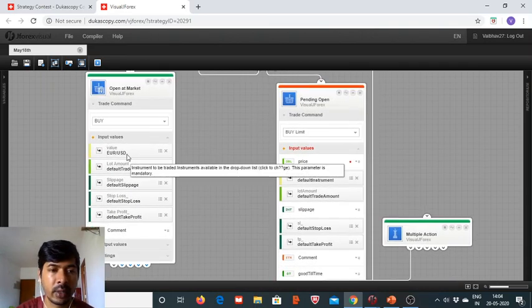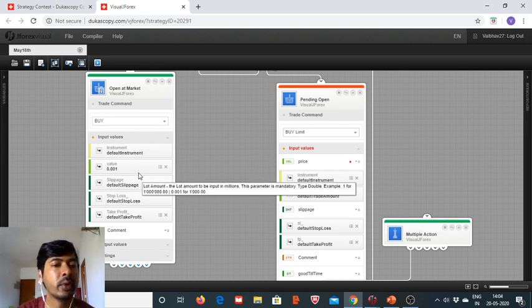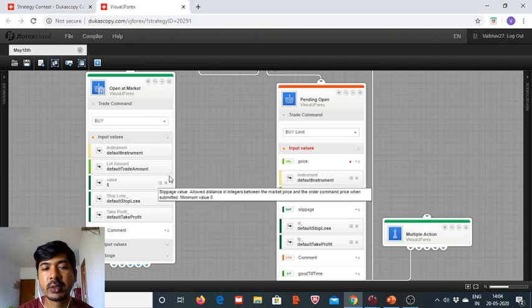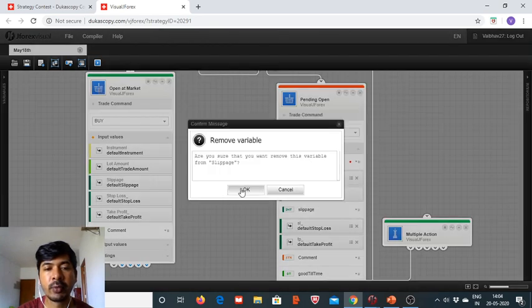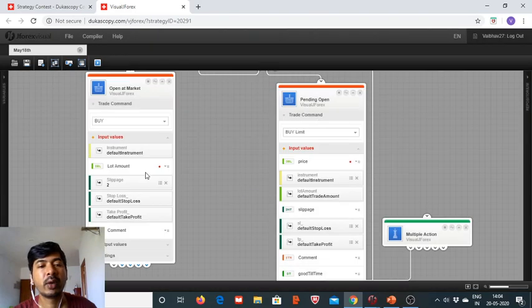Now what we will need to do is calculate the take profit. The stop loss slippage will be at 2 pips. For Euro USD, 2 pips slippage is fine. The position amount can be set as per your account equity.